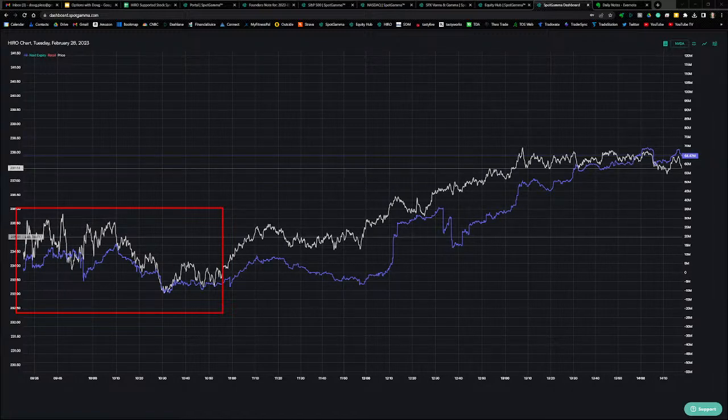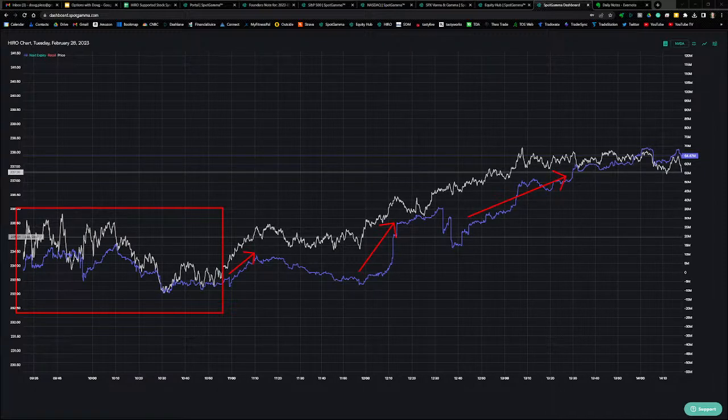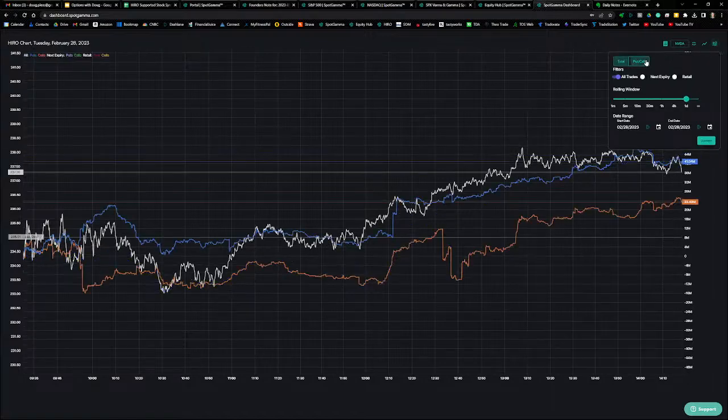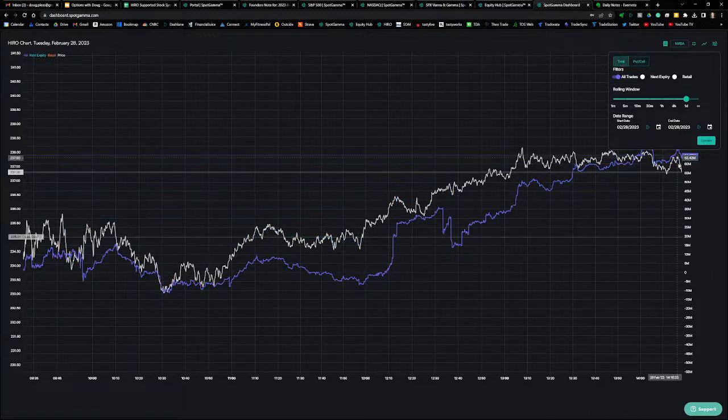And then Hero starts to move higher and price moves higher. All right, let's see what traders are doing. So they're selling puts and buying calls. No insight really, no additional insight from separating out the signal.